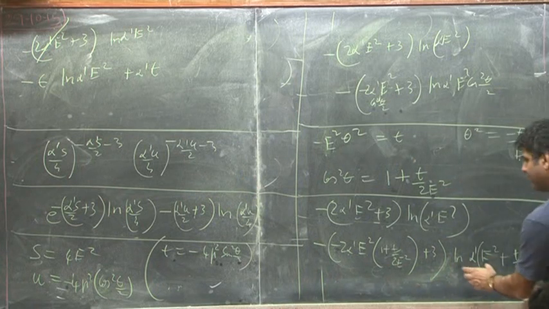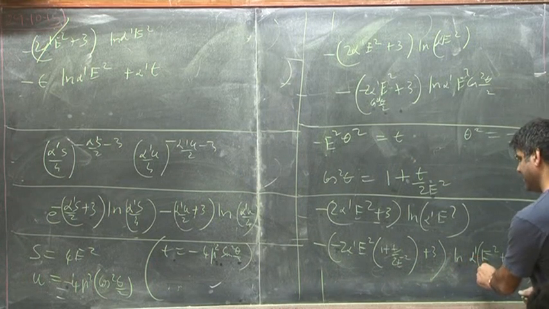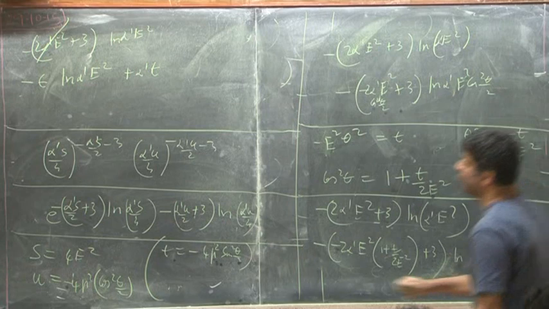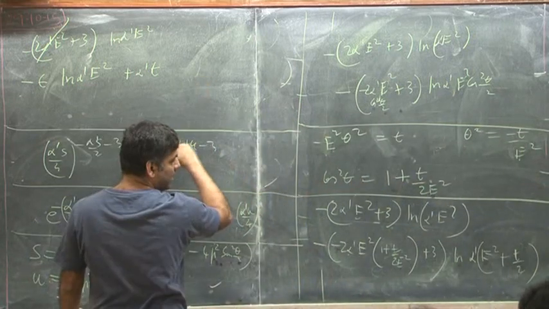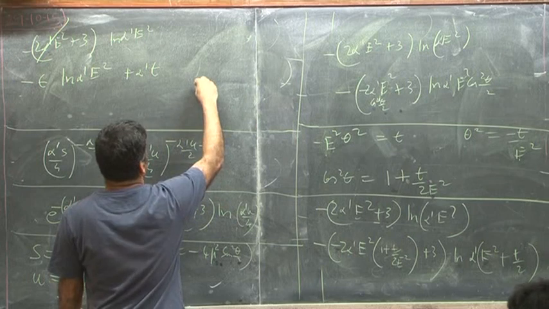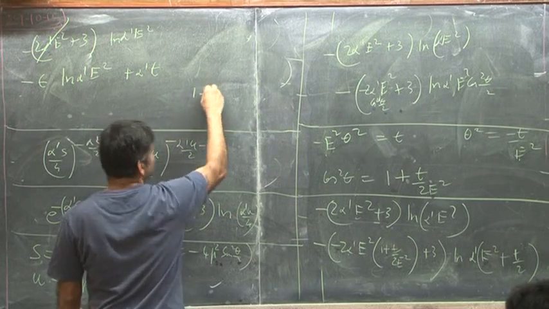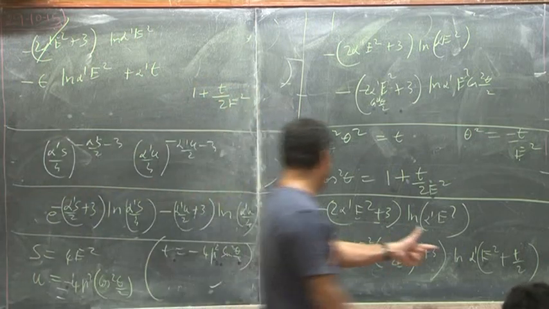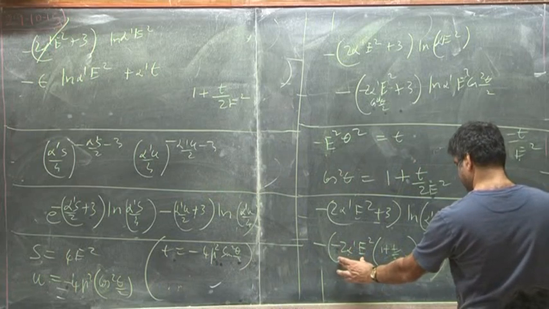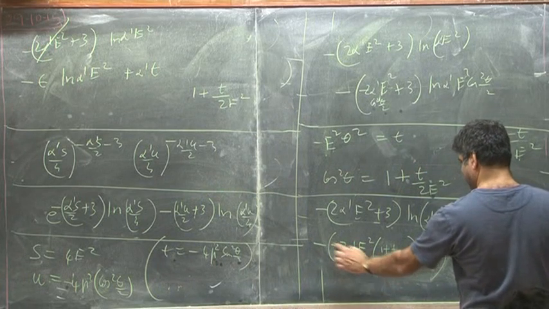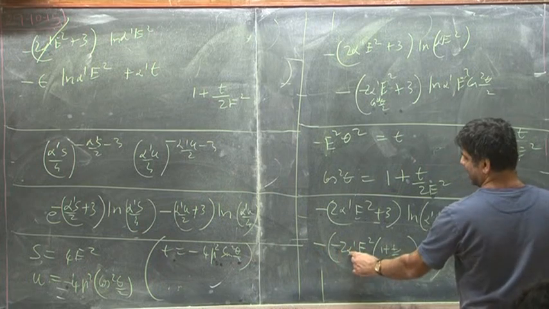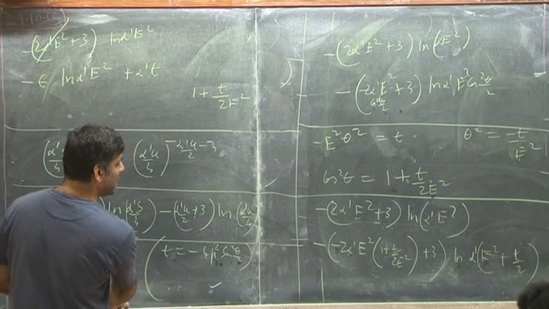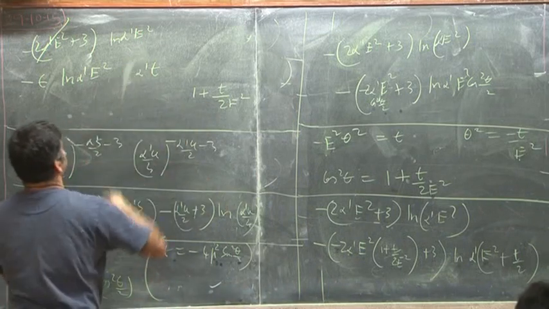And then from here this log we expand as 1 plus x, so x is t by 2 e squared. So we have a term that is t by 2 e squared into this leading order guy here. So that is plus alpha prime e squared.